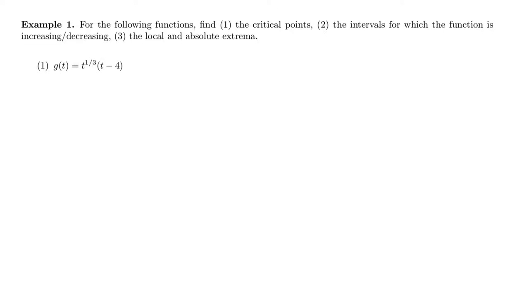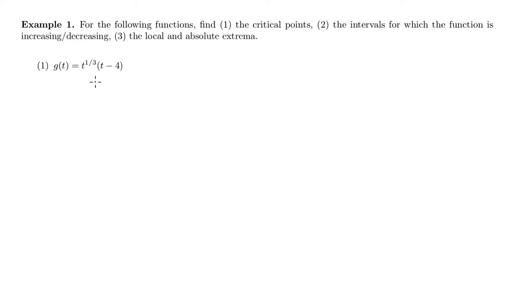Alrighty, so here we have a function g of t. And now because we're not specifying a closed interval or an open interval as its domain, we're just assuming its natural domain. And so here the domain of this function is all real numbers. There's no problem plugging any number into this function. Now, if this was, of course, t to the 1/2 or square root of t, then we wouldn't be able to plug in negative numbers.